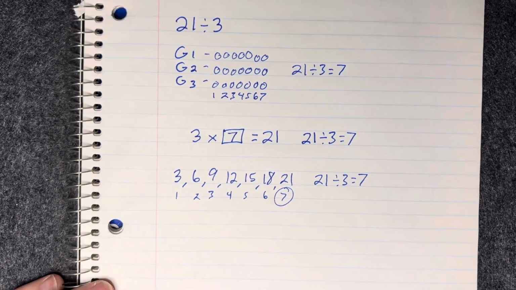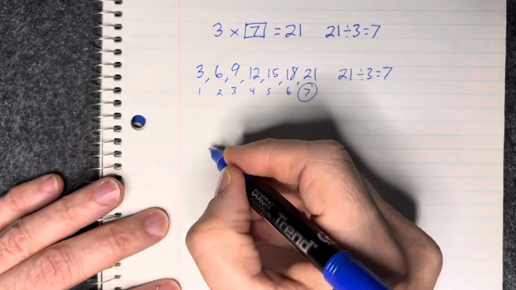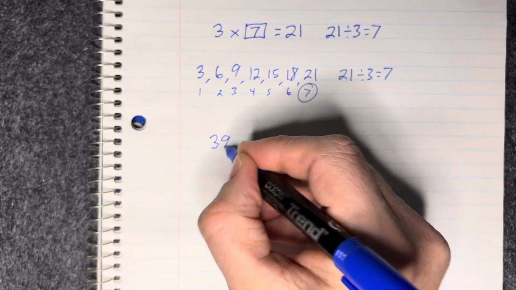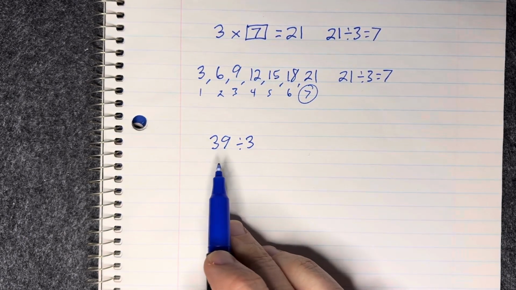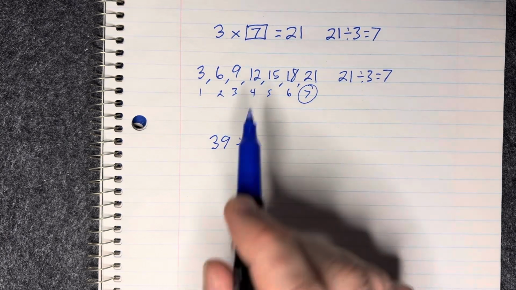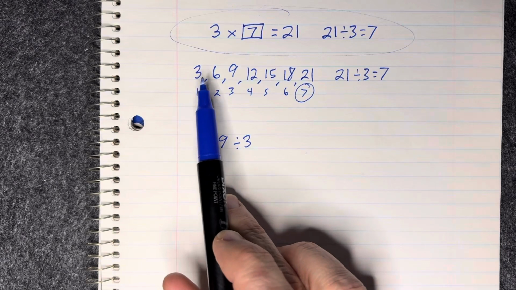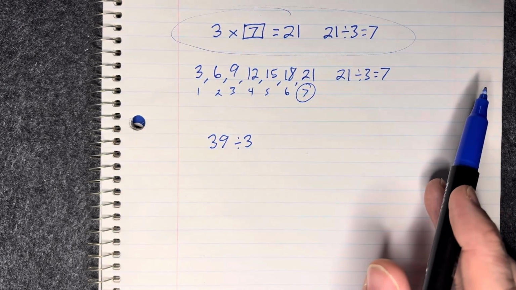The other thing you can do once the numbers start getting quite large, so let's say you have 39 divided by 3, is to go towards more of the second option here. Counting by 3s and getting up to 39 or even higher is going to be quite difficult.